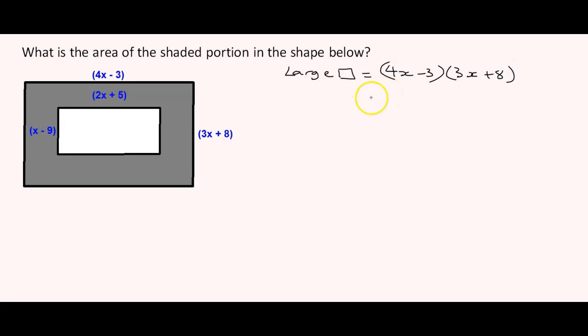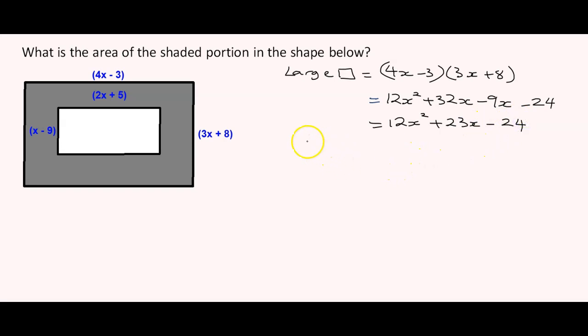So that is going to give us 4x multiplied by 3x, so we're going to have 12x squared, and then 4x multiplied by 8, plus 32x. And then here we have minus 9x, and then we have minus 24. So this is going to give us 12x squared plus 23x minus 24.